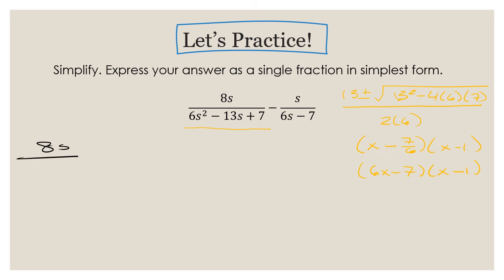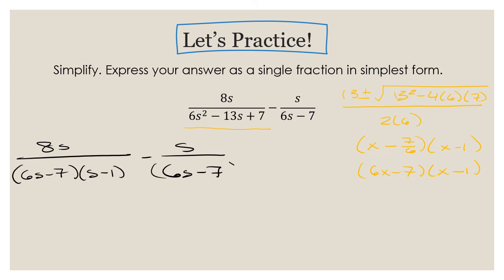I've got 8s over 6s minus 7 times s minus 1 minus s over 6s minus 7. Okay, notice that one of the terms over here is there, but not the other one. So my LCM is going to be both of them. So I need to multiply s over 6s minus 7 by s minus 1. The other term I don't have to do anything with.